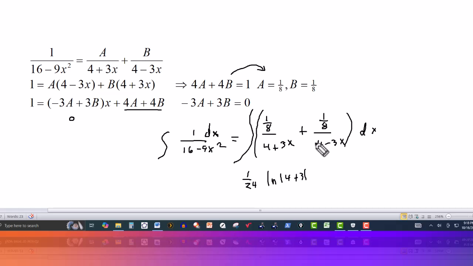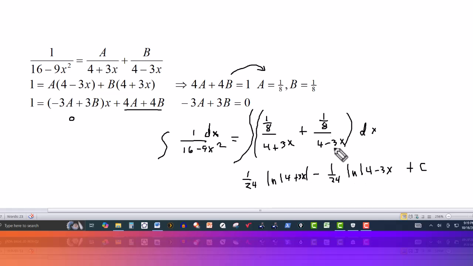So when I let u equal 4 minus 3x, I get du equal to minus 3 dx. Solving for dx, I get a negative. I'm still going to have the 1/3 times the 1/8, so this would be minus 1 over 24. And then this becomes du over u, and that is just the ln of the absolute value of 4 minus 3x. You have your constant of integration.